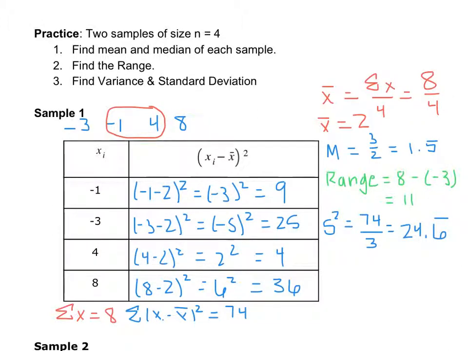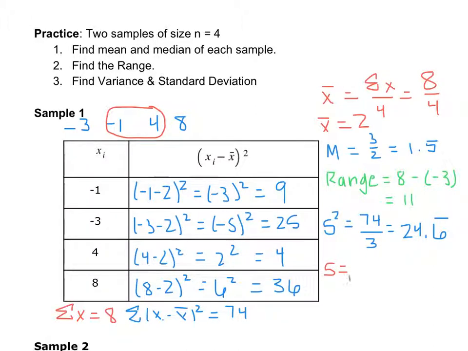Now we're using our calculator to do this. We want to leave that 24.6 repeating on our calculator before rounding it, and calculate then the standard deviation. That way it'll be more precise.